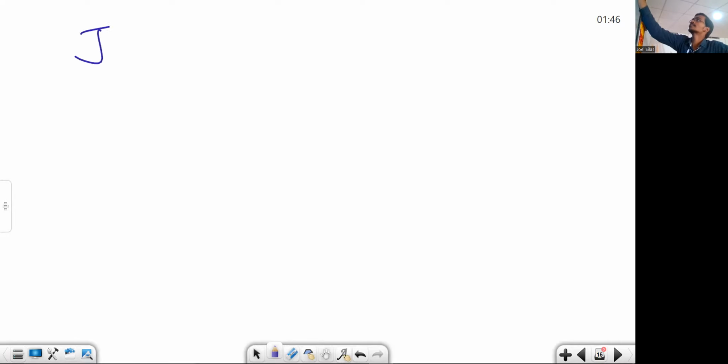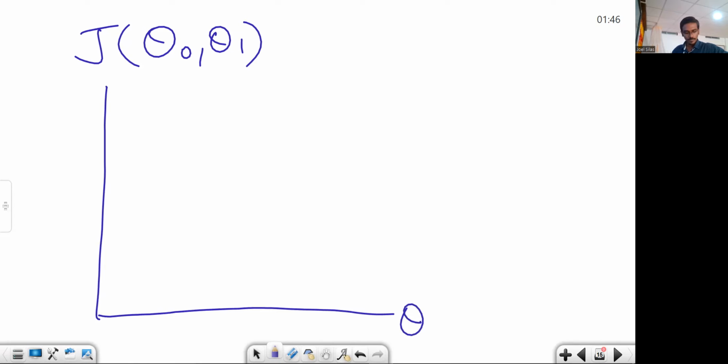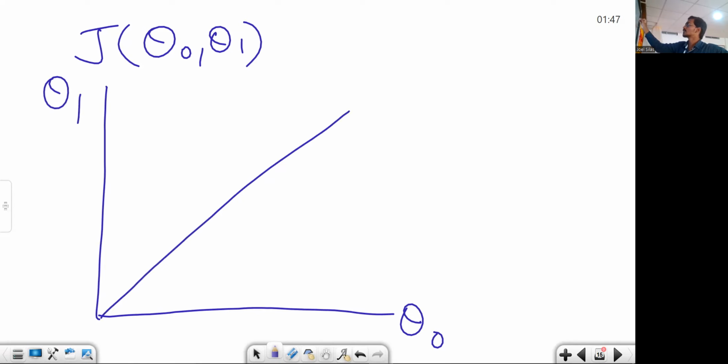Now our cost function will become a function of both theta 1 and theta 0. Let us plot theta 0 here and theta 1 here, and along the z-axis, we'll have our cost function J.